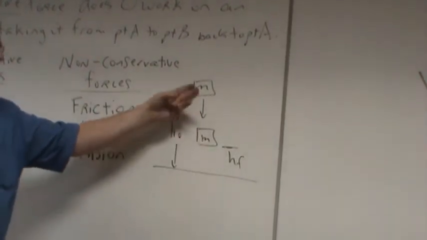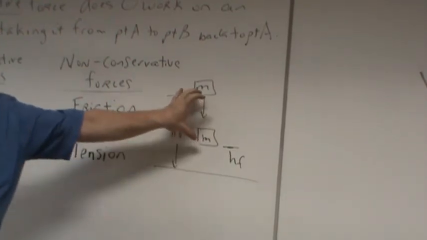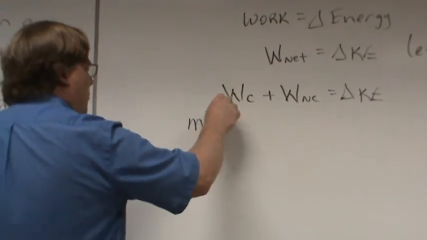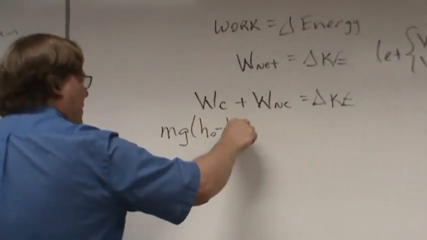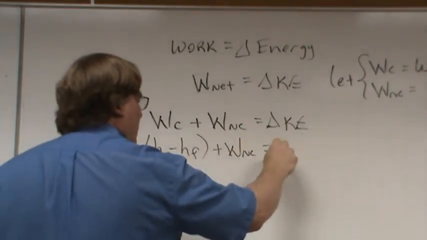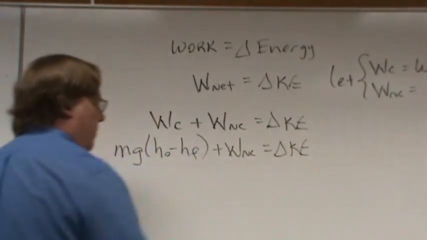And the work gravity does is the weight of this object multiplied by the distance it travels. So the conservative work is going to be mg(h naught minus h sub f) plus the work done by non-conservative forces equals change in kinetic energy.